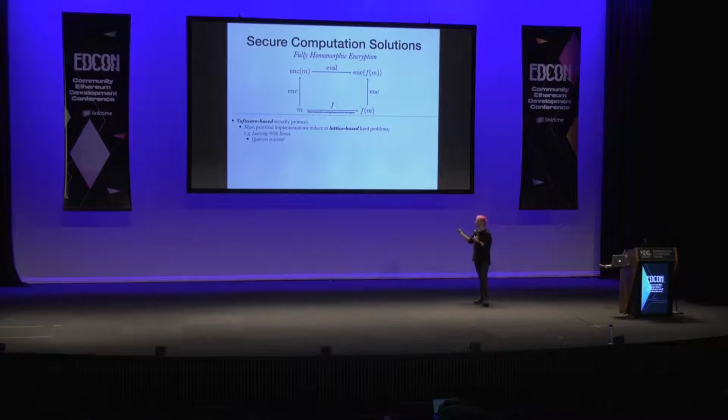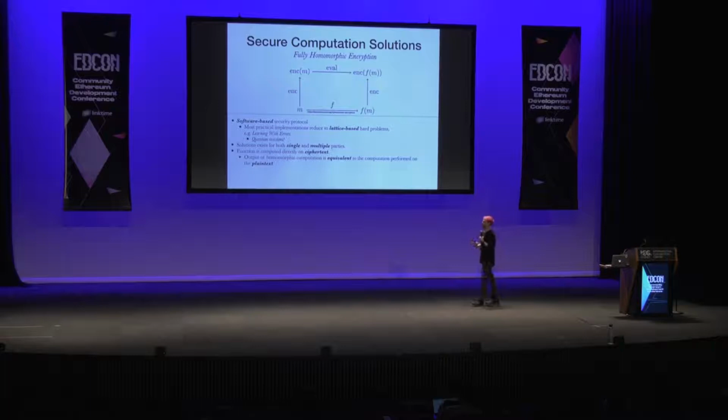In the case of fully homomorphic encryption, the most practical solutions are implemented with lattice-based hard problems. That's lattice-based cryptography, with hard problems such as learning with errors, which are also quantum resistant, if you're interested in that. Solutions exist for both single and multiple parties. So we can perform a computation as a single party, or we can perform a computation with multiple parties. We can have 3 parties perform the same computation, or we can have 1 party perform the same computation. There are different applications for each, but we'll be going over the single party use case here.